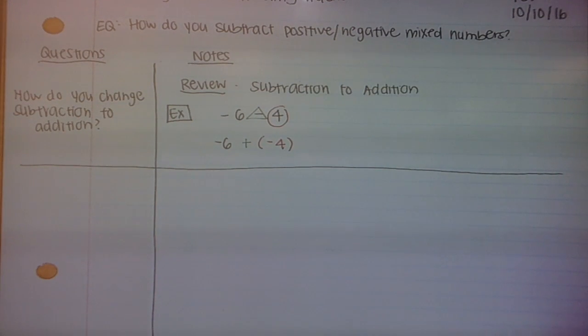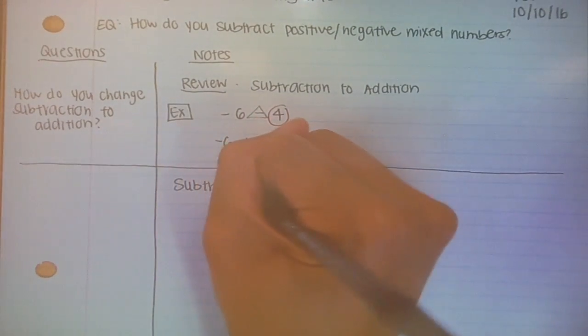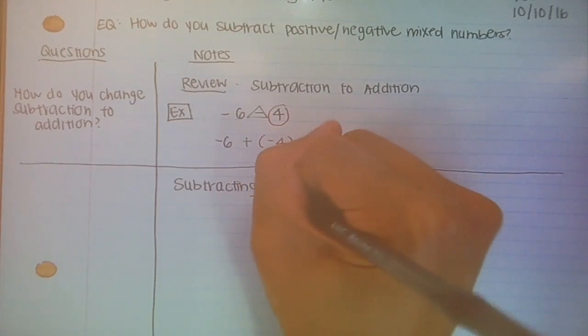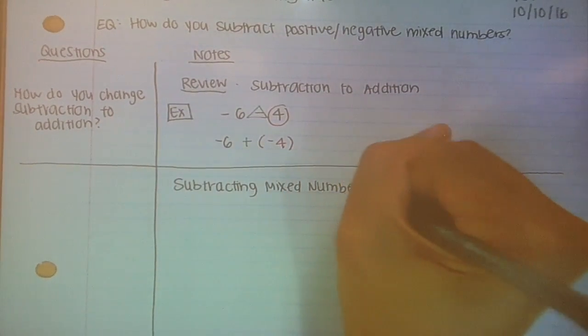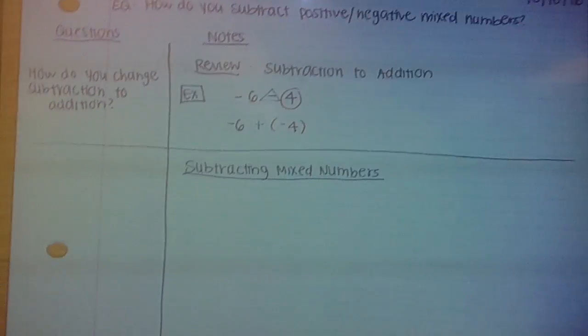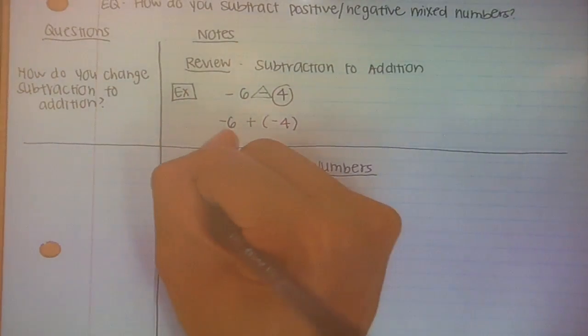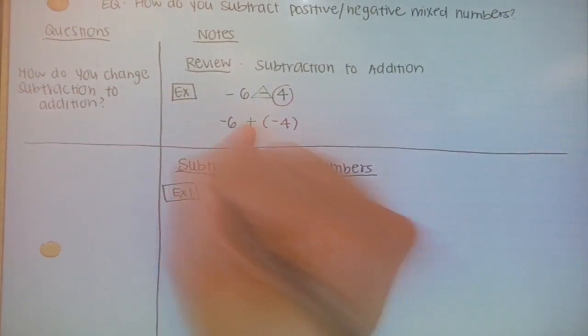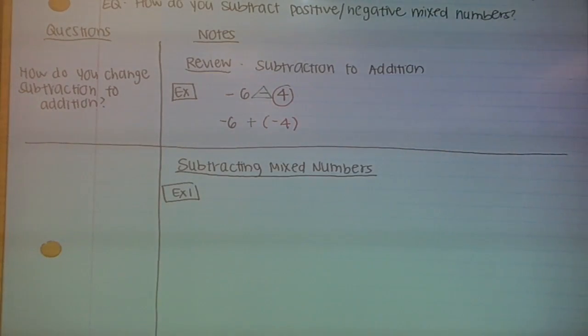So what's new today is subtracting mixed numbers. So when we subtract mixed numbers, let's take a look at an example. Subtraction is still more difficult, so we are still going to keep the same idea of changing subtraction to addition.